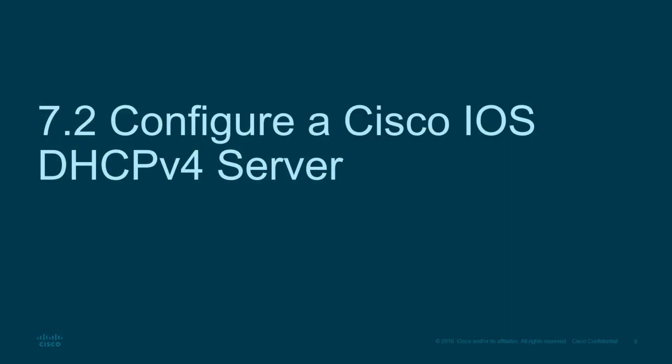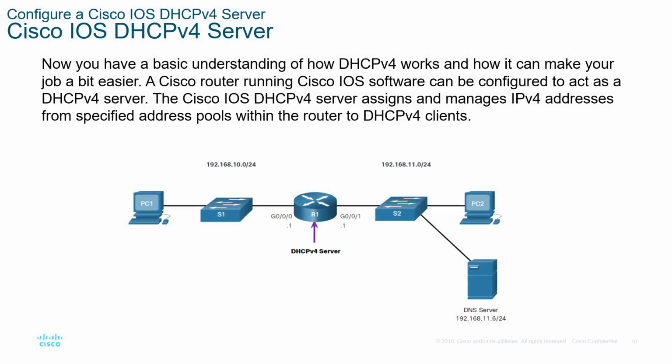Now, let's talk about how we configure a Cisco IOS device to be a DHCPv4 server. Now that we have a basic understanding of how DHCPv4 works and how it can make your job a bit easier, a Cisco router running IOS software can be configured to act as a DHCPv4 server.